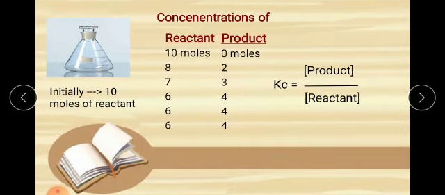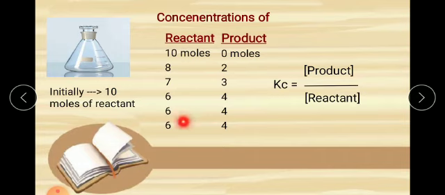Let's have an example. In a closed container, we put 10 moles of reactant. So initially, product concentration is 0 and reactant concentration is 10 moles. But after some time, we find the concentration of products. For example, in the first observation, we find the concentration of product is 2 moles and reactant concentration is 8 moles.